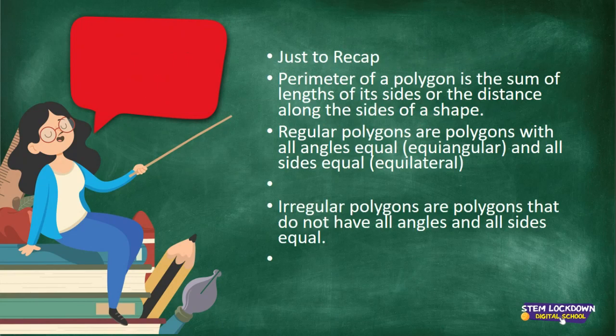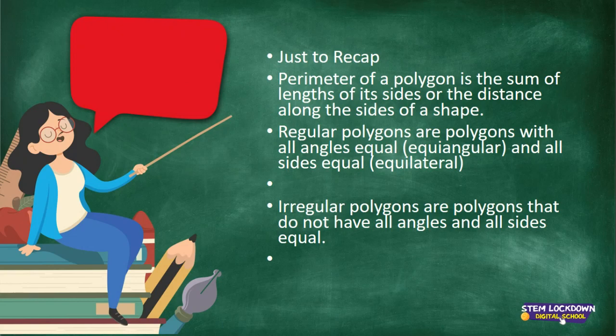But just to recap, we also spoke about the perimeter of a polygon. And we said that that is the sum of the lengths of the sides or the distance along the edge of the shape. And what is important is that nothing has changed as far as the perimeter is concerned.